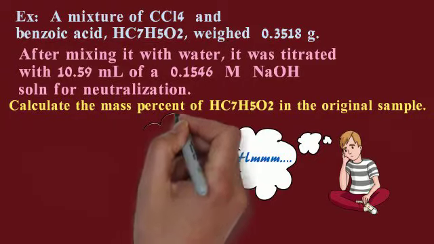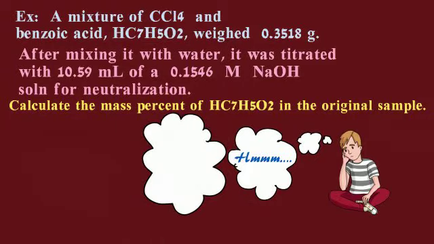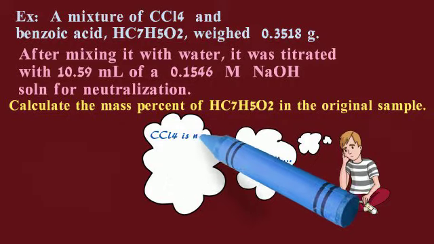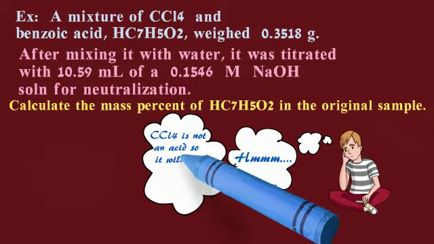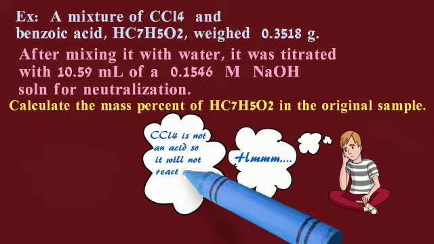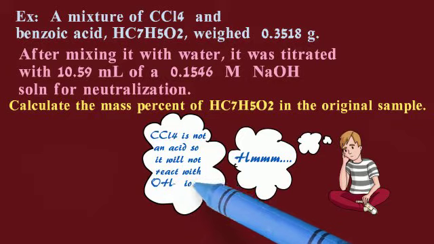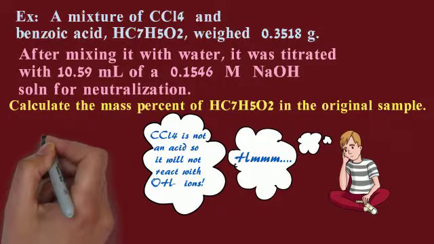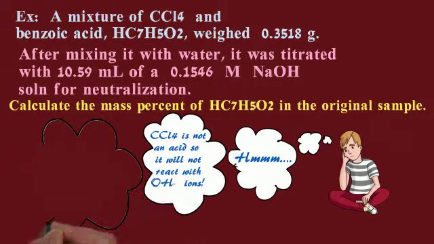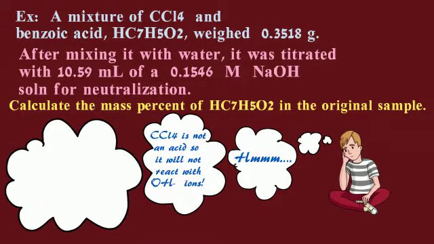You say to yourself, carbon tetrachloride does not react with a base. It's not an acid, so it won't react with the hydroxide. We can eliminate that from our thinking at this point. Pretty good. What else can I think of? Oh, I know.